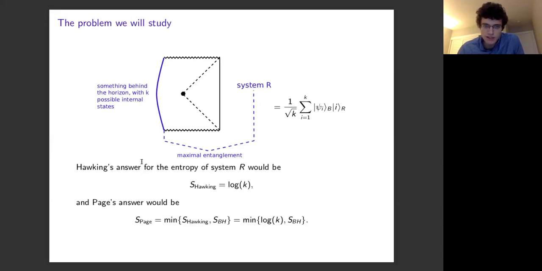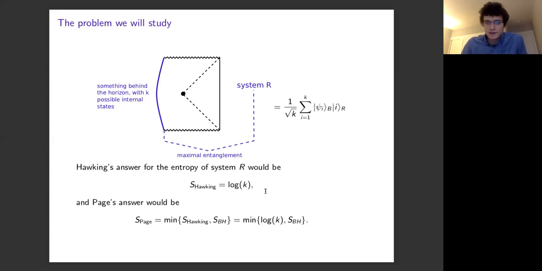And Hawking's answer for the entropy of the radiation system would have been just the naive answer you get from looking at this setup, which would be the logarithm of k, the log of the number of states. So here we have a maximally entangled state with k different terms, so the naive answer for the entropy would be log of k.